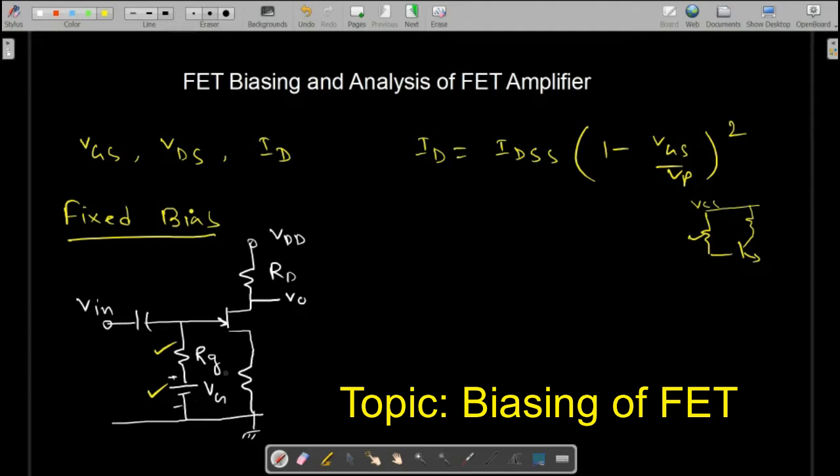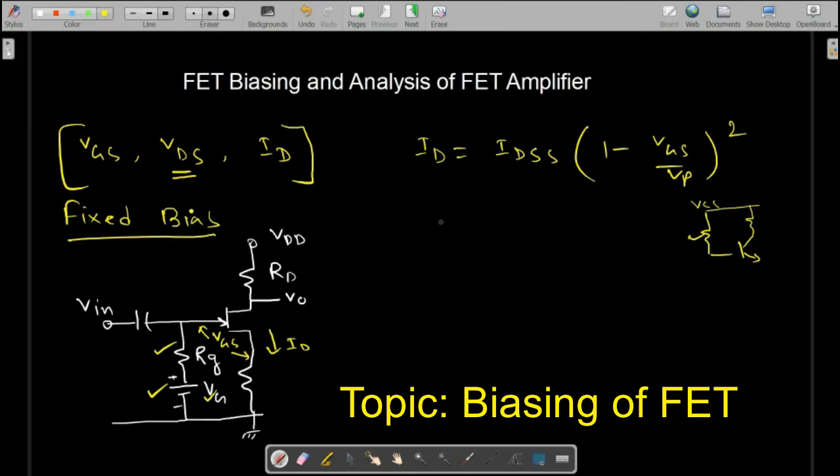So by using that, we can get a particular value of VGS depending upon the value of this VG. We can set a particular value of VGS, and as a result, we can control ID, and also depending upon the value of ID, we can select what will be the value of VDS. So basically, biasing means the selection of all those parameters which are required for proper amplification of signal.